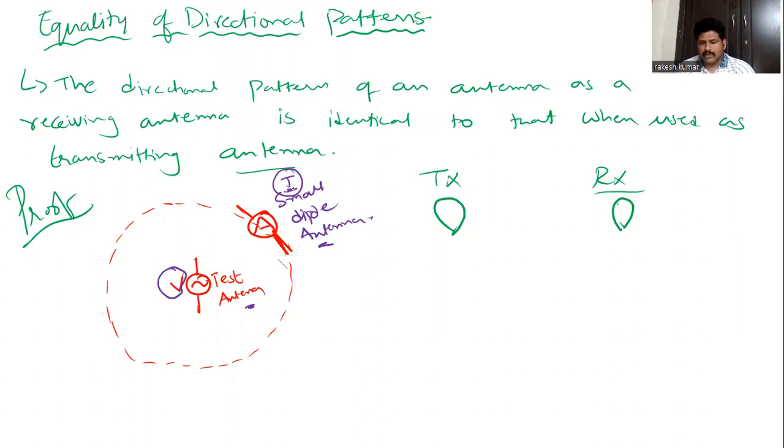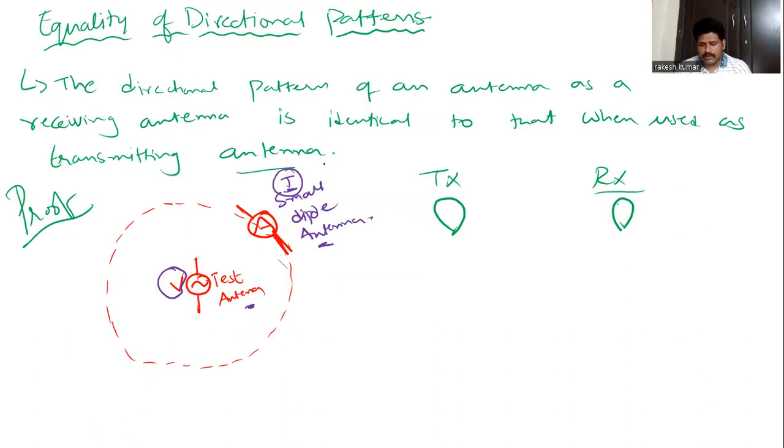The current is the measure of electric field at different positions of the dipole antenna. So at theta equal to 0 degrees, what is the current? At theta equal to 10 degrees, what is the current?